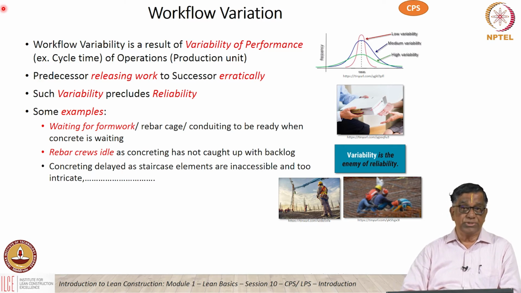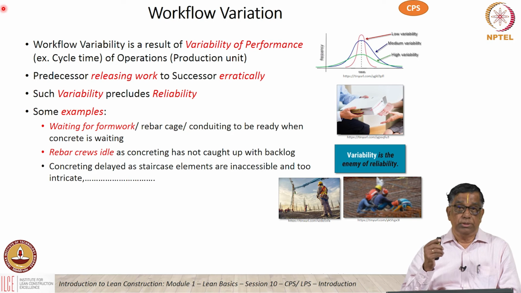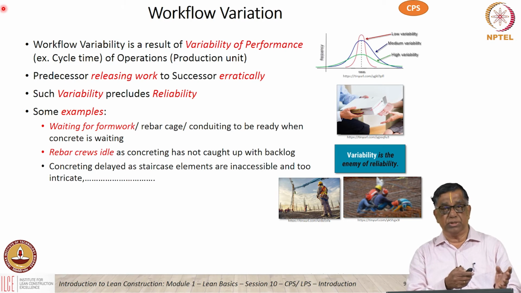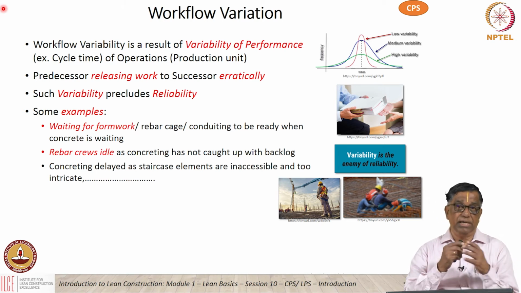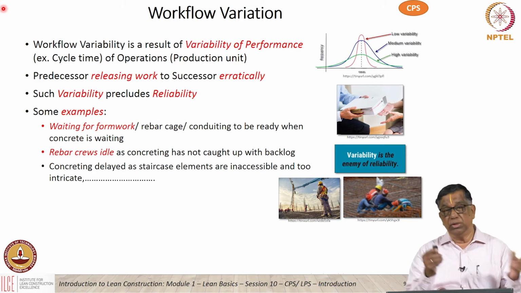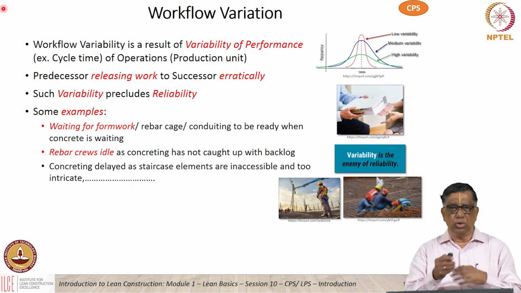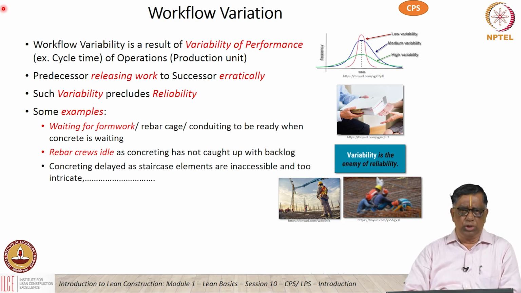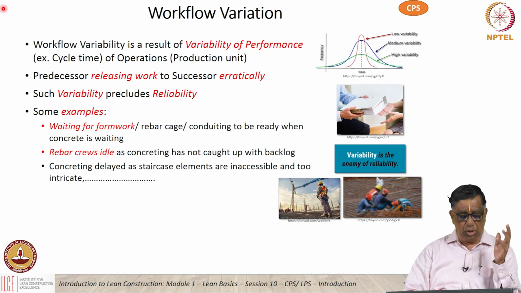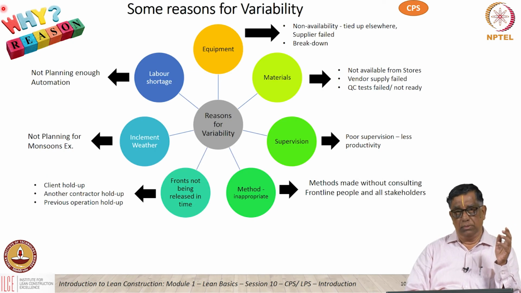I have seen in one site at the 6th floor, the reinforcement is ready, the batching plant has sent the concrete in transit mixer, the concrete pump is ready, but suddenly people find that there are some inserts or some conduits not fixed in the right place. So somebody goes and gets it and all that. So there is not much of proper connection, not much coordination between things, and the activities get delayed and they affect downstream activities, and there is not much overall flow.